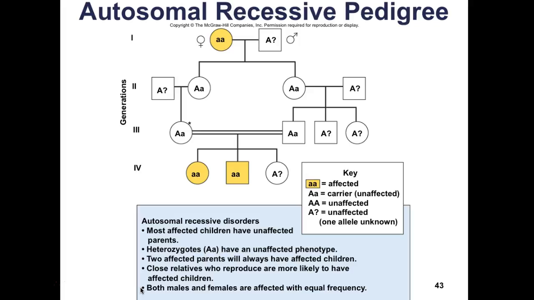So what we could do is trace a particular disorder through a family tree. In genetics, we call that a pedigree. What we see here is a female represented by circles. We see a male represented by squares.